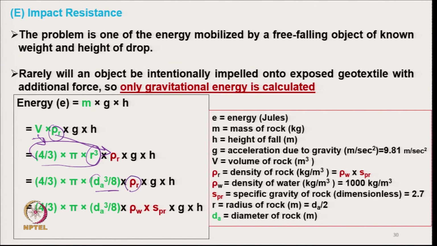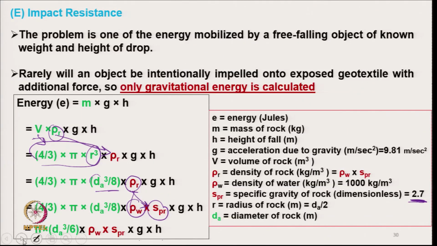Replacing rho r by specific gravity of rock and density of water, where the specific gravity of rock is typically 2.77, finally we get the equation pi d cube by 6, rho w, specific gravity of rock, g and h. So, if we know these values, we can calculate the impact energy generated due to free fall of any sharp object.